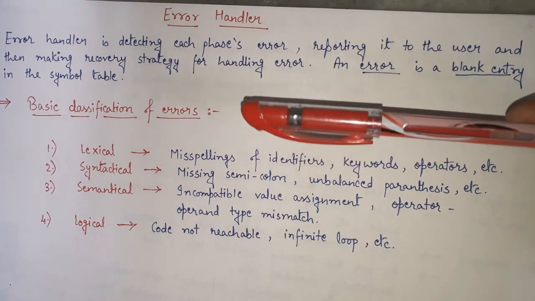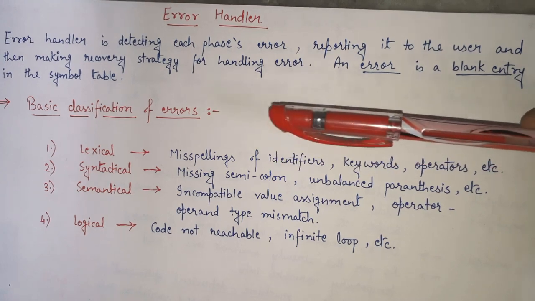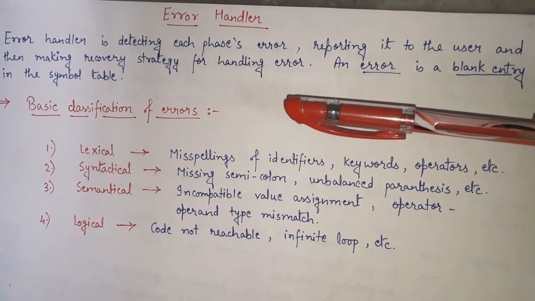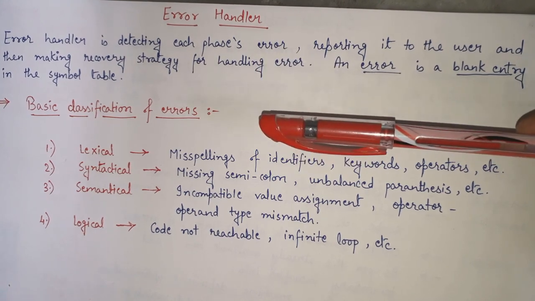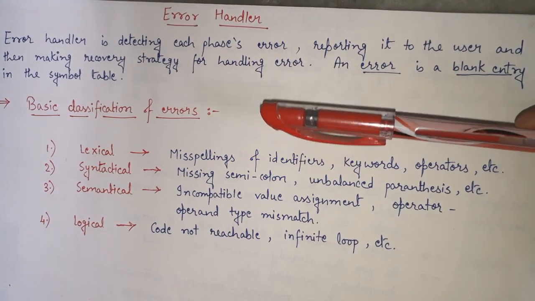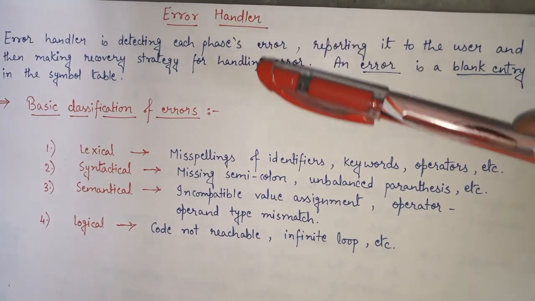So in case during the task that the phase is doing, there is any error occurring, the error might be a compile time error or a runtime error, but any type of error if it occurs, that error is handled by this error handler.